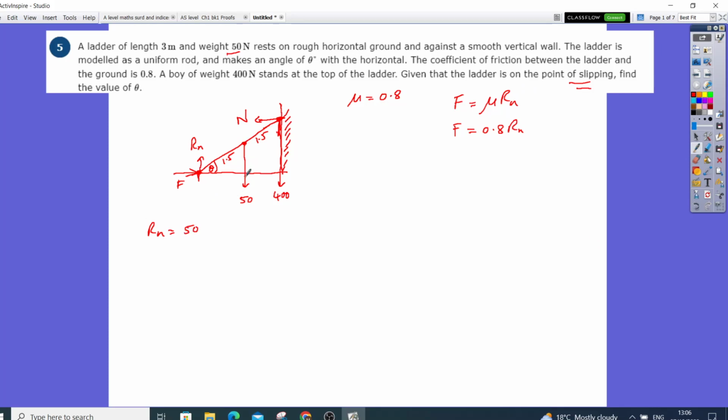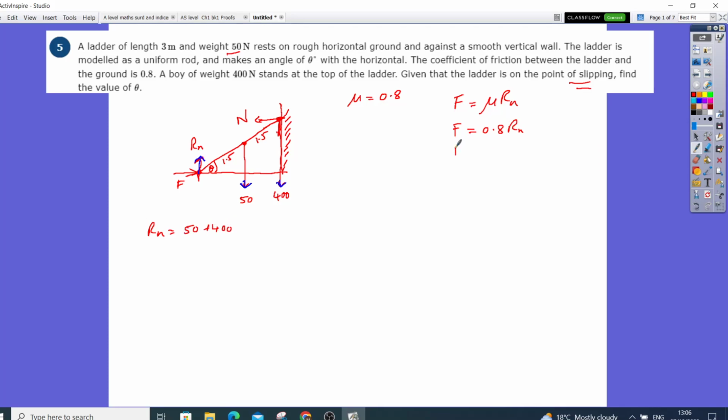So I'm just showing the arrows, which I should do in different colors. We've got this arrow going up, this is going down, and this is going down. We're doing it vertically, so that will be 50 plus the 400, so that's 450.